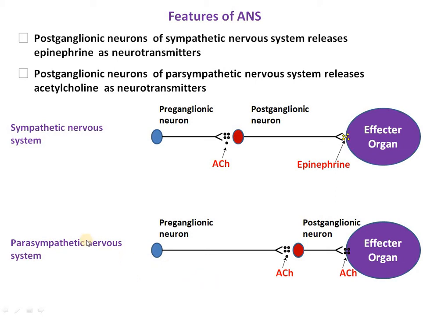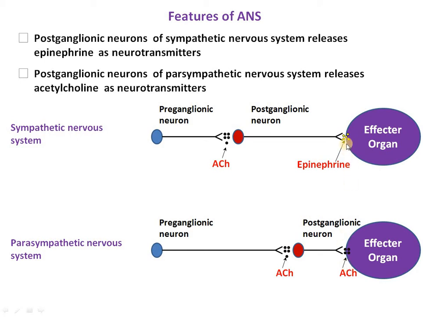So in the parasympathetic nervous system, both the preganglionic and postganglionic neurons release acetylcholine, whereas in the sympathetic nervous system, the preganglionic neuron releases acetylcholine, whereas the postganglionic neuron releases epinephrine. So the difference is there.